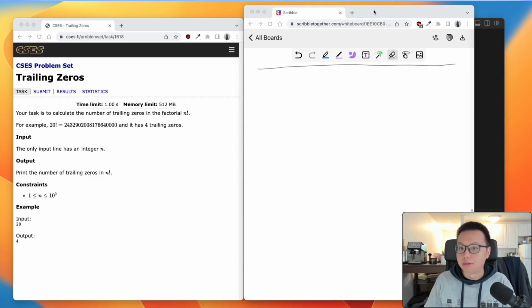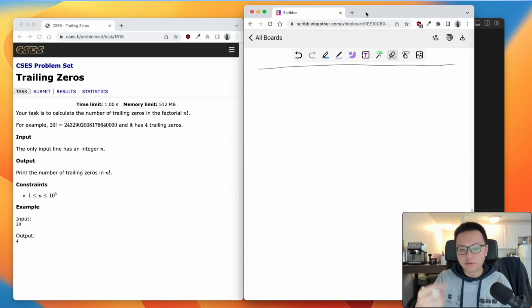To solve this problem, we first observe that all the trailing zeros are contributed by factors of ten, right? So if we divide n's factorial by tens until we cannot do so, the number of powers of 10 that we can factor from n factorial is the answer.